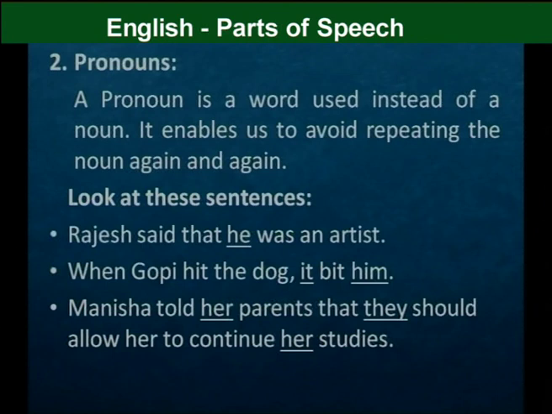So, we need not mention again dog and Gopi in the second part of the sentence. Instead, we use pronouns in place of nouns. So, in this sentence, in place of dog, we can use it. It is used in place of dog. Him is used in place of Gopi.